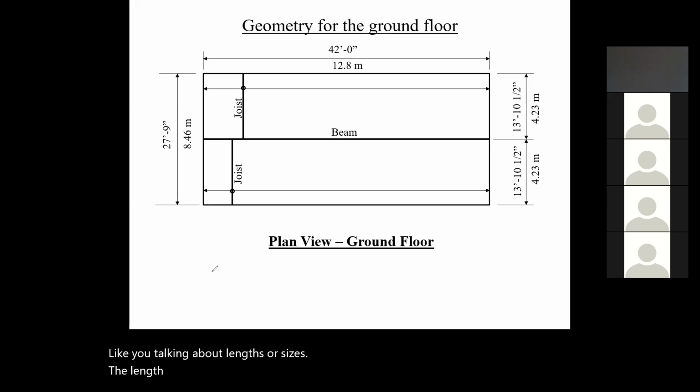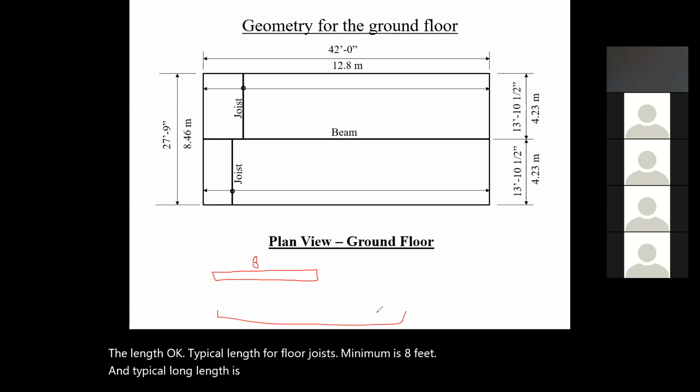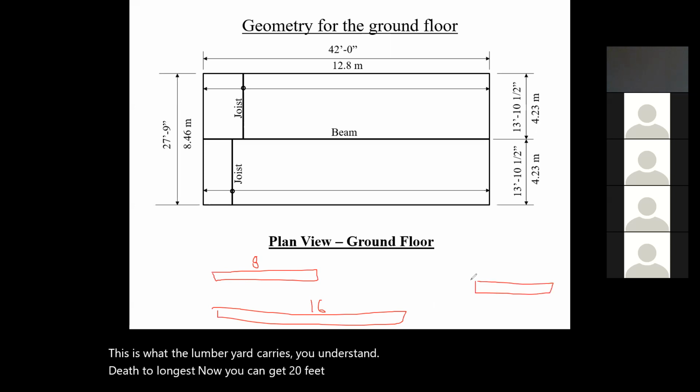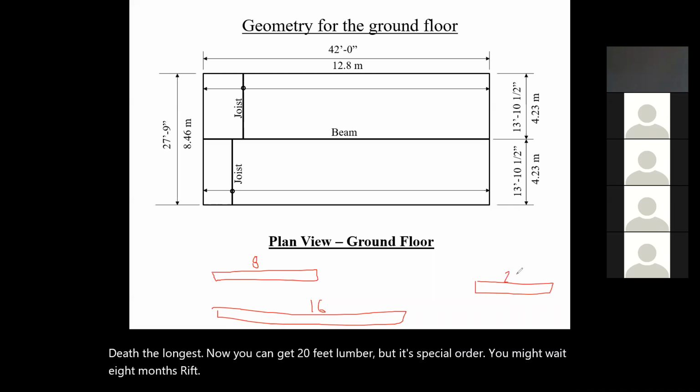Typical length for floor joists minimum is 8 feet, and typical long length is 16 feet. This is what the lumberyard carries, you understand? That's the longest. Now you can get 20 feet lumber, but it's special order. You might wait 8 months for it. You follow? So you never start there.